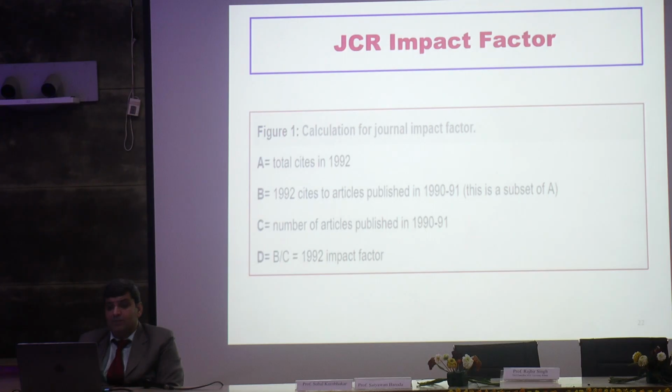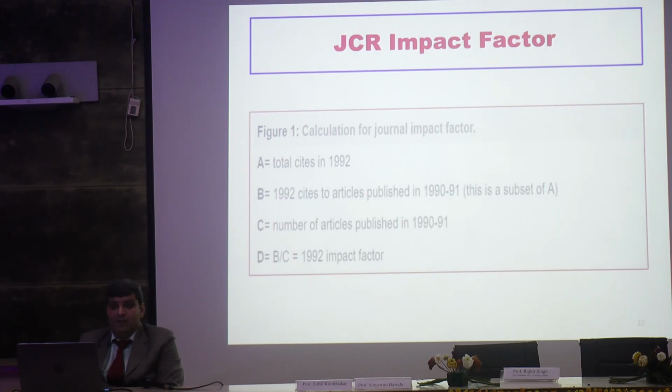And we choose the publications for a particular period, for example, publications during 1990 and 91. Citations take time, so we provide a 2 year window. Articles published in 1990, how many times have they been cited in the next 2 years? So total number of citations divided by the number of publications.